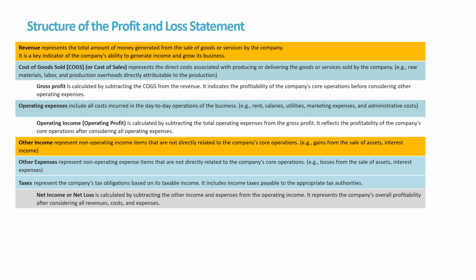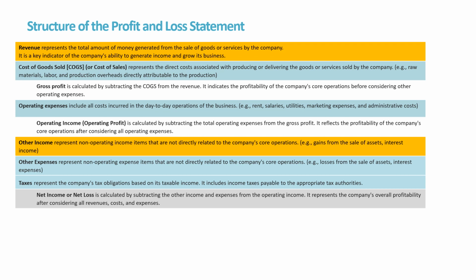By subtracting the total operating expenses from the gross profit, we arrive at operating income or operating profit. This figure reflects the profitability of the company's core operations after considering all operating expenses. It's a significant figure because it tells us how much money the company made or lost from its primary business activities.